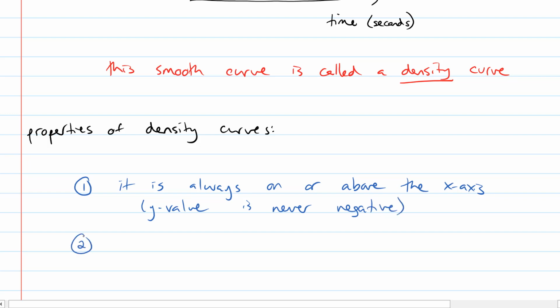And number 2, the y-axis isn't probability anymore.